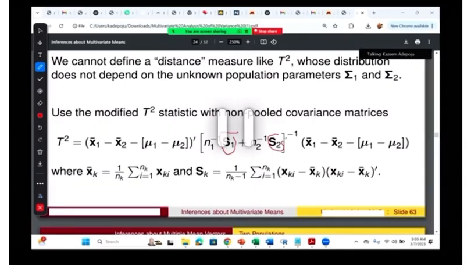If you take a look at what I'm showing now, you're going to see that we're using X1, the sample covariance of the first group, and the sample covariance for the second group. Can you see that? So here we did not put the pooled covariance. Why? Because we've conducted a test and the covariances between the two groups are not the same. When they are not the same, we make use of this form of the T-squared. When they are the same, we use the pooled one.